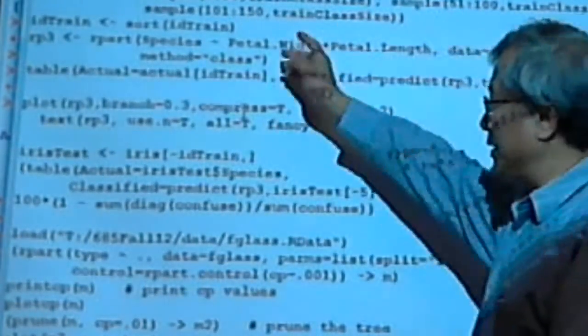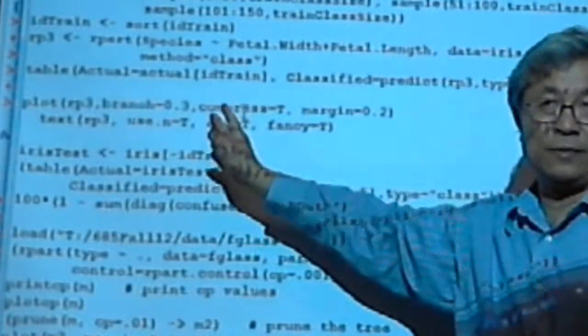Now suppose you form the test data set. This command removes from the full data set those in the train set, so the result will be the test set.